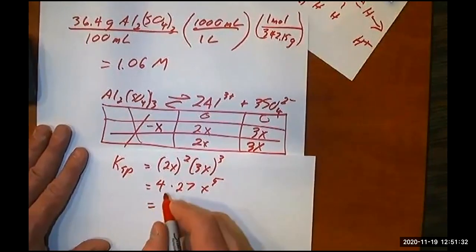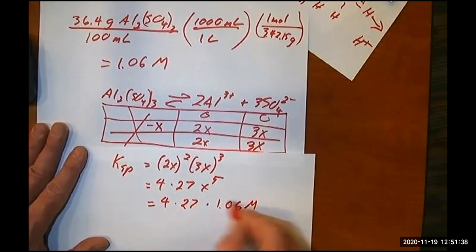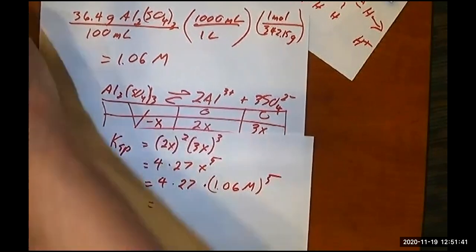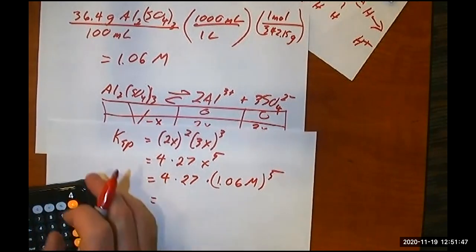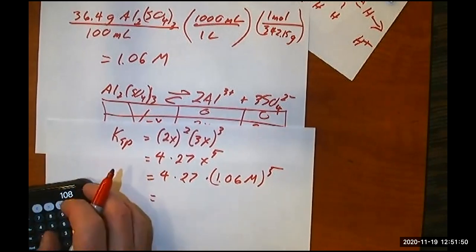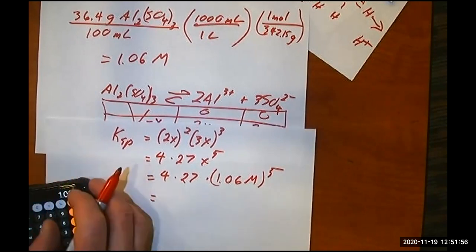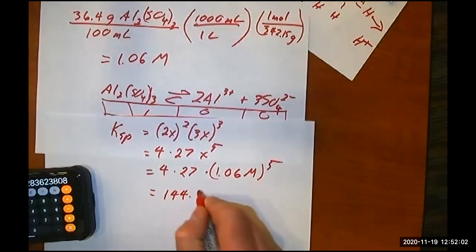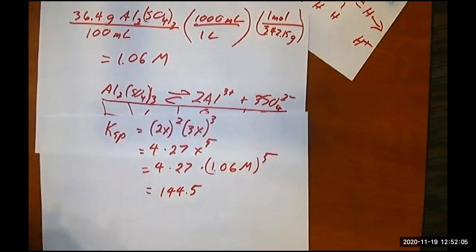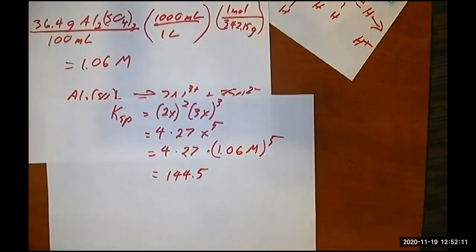So this is going to equal 4 times 27 times 1.06 molar to the 5th, and we get our KSP. So we get 4 times 27 times 1.06 to the 5th, and we get 144.5 for our KSP.